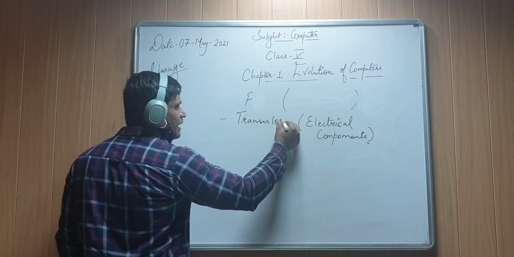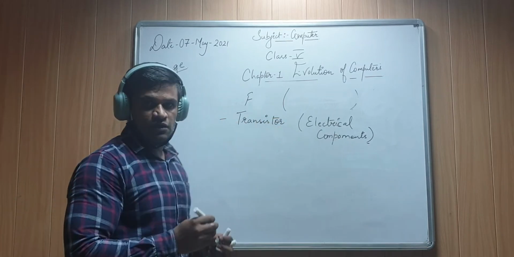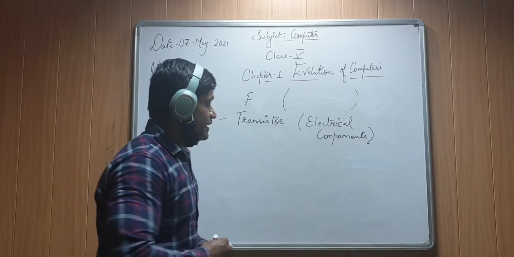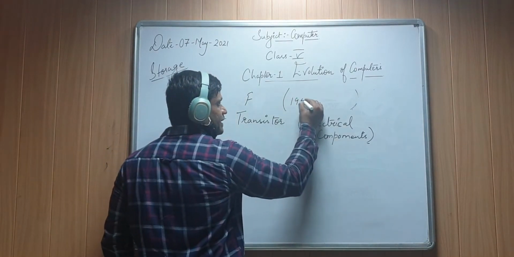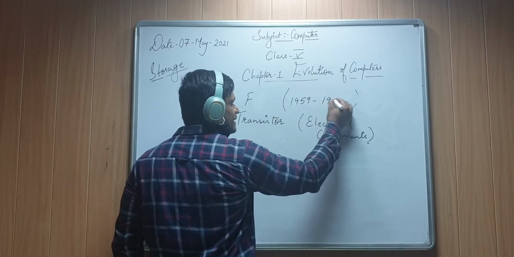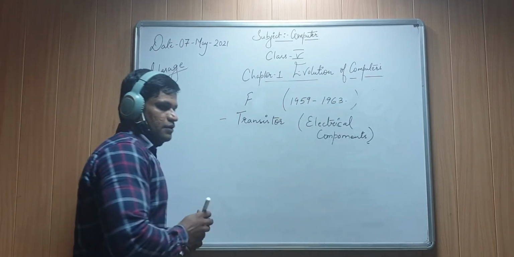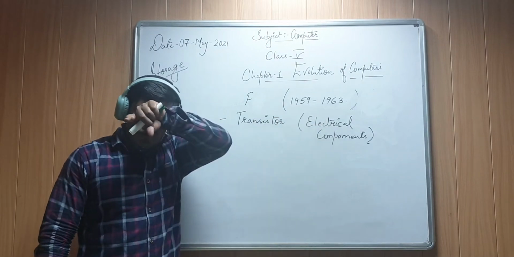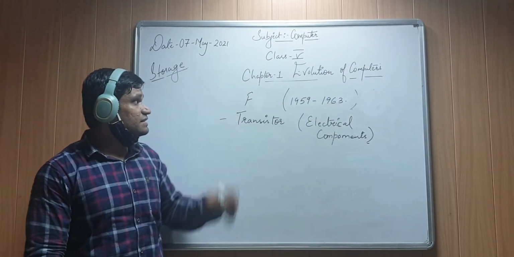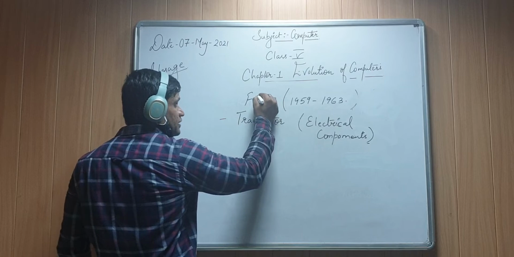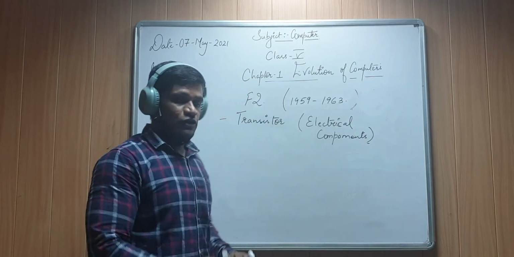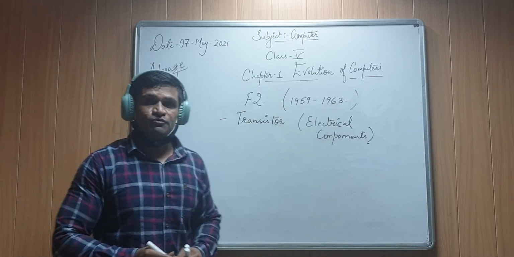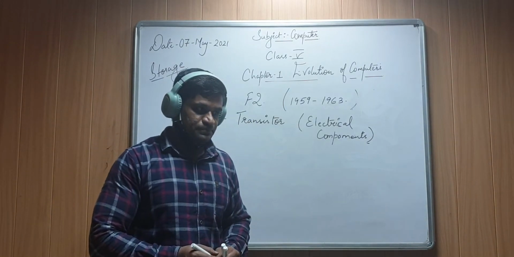This is again the next electrical component जो vacuum tubes की जगह पे use किया. And the time of this is 1959 to 1963. Okay, the years between 1959 to 1963 are considered to be F2, the second generation of evolution of computers, where they replaced the vacuum tubes by transistors.